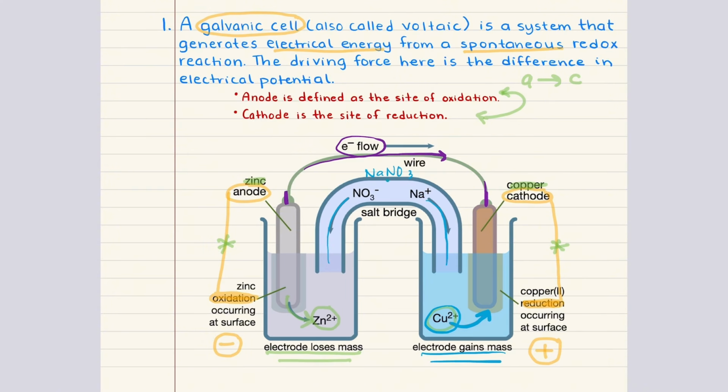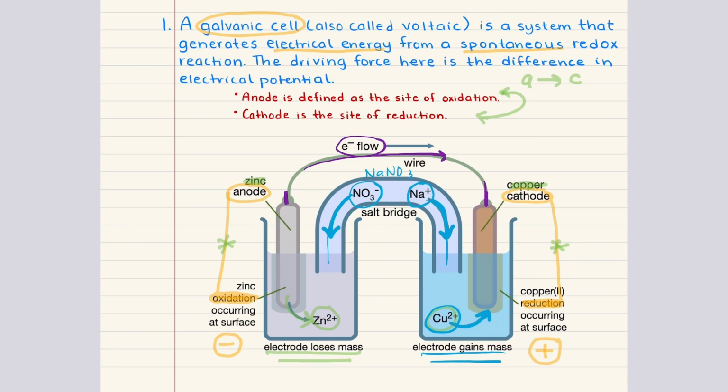Negative ions from the salt bridge are going to migrate towards the zinc half cell to replace the electrons that were lost to the circuit. And positive ions are going to migrate towards the copper half cell to balance the gain of electrons there. And this ion migration is what keeps the solution electrically neutral, and it's what allows the cell to continue operating.